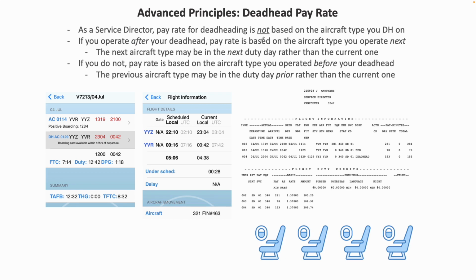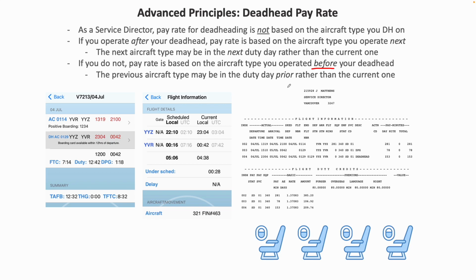That's the default rule. But what if you operate a flight and then deadhead and your pairing is done? You're not going to have a next flight within that pairing to consider. So in those cases, when the deadhead is the last leg, the pay rate is based on the aircraft type you operated before your deadhead.